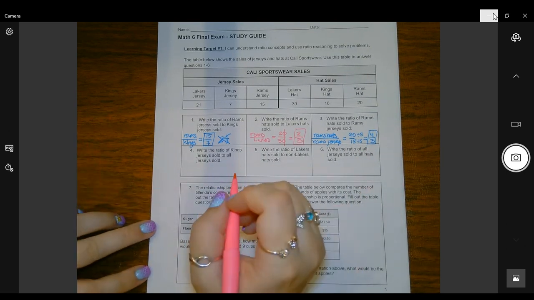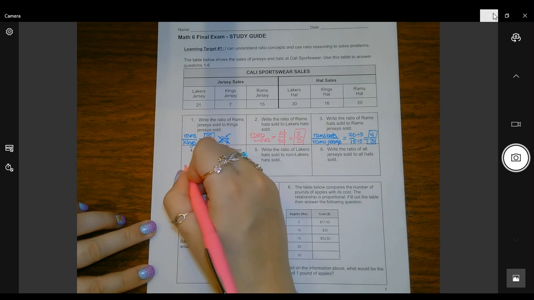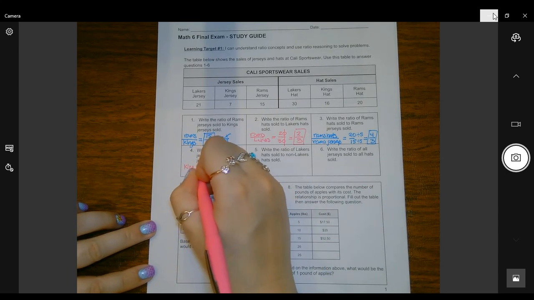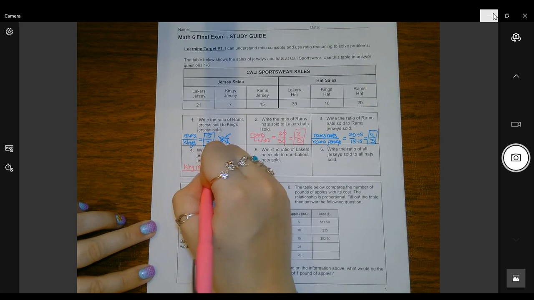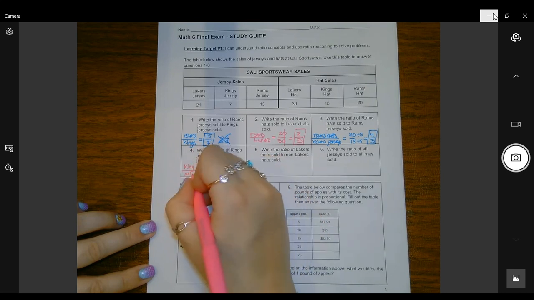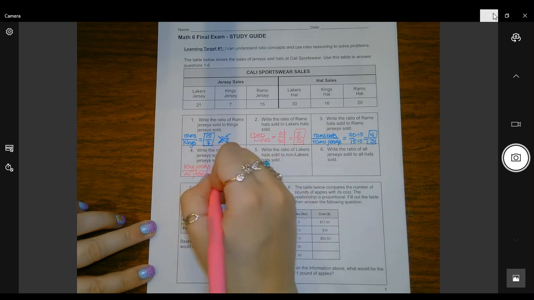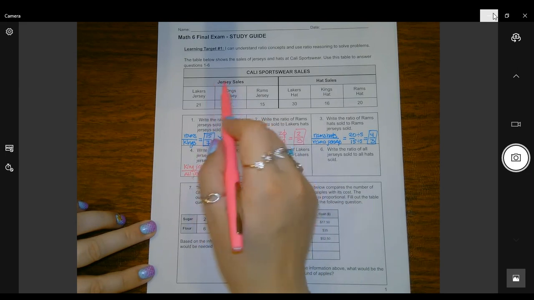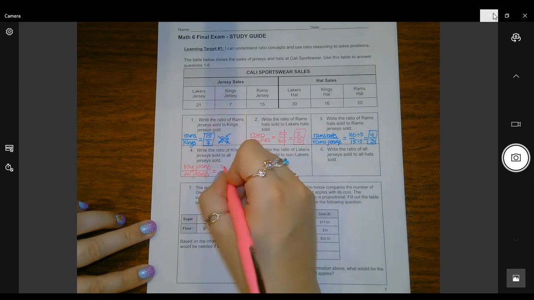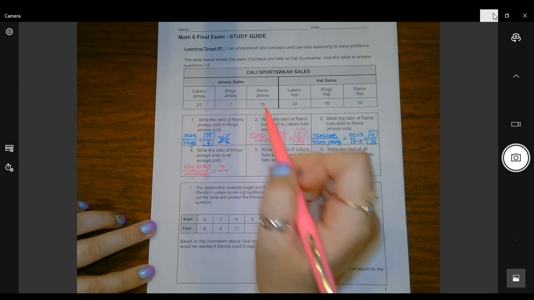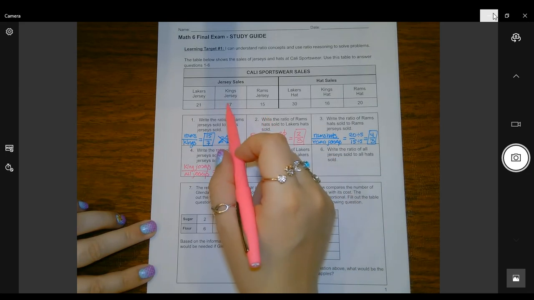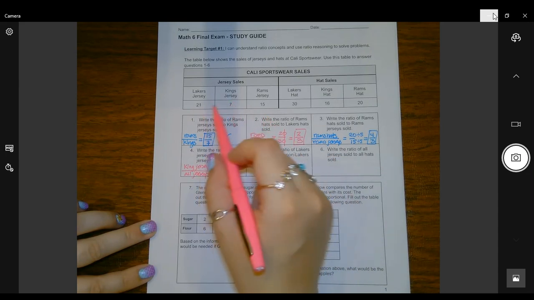The ratio of Kings jerseys, okay, so Kings jerseys sold to all jerseys is what to what? Okay, so here's jerseys, and the Kings jerseys was 7 versus all jerseys. So do you include the Kings jerseys in that? Yeah, because that's part of the total, right?